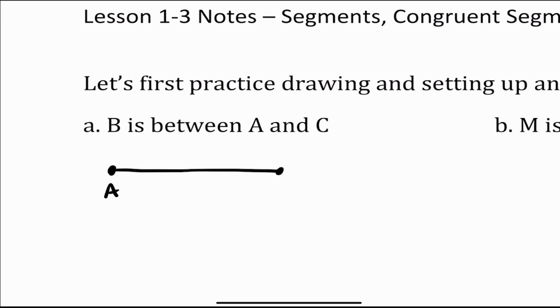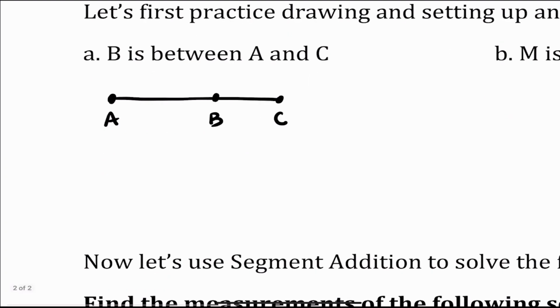So here's A, here's C, and B is between those 2 points. So I can go ahead and put that over here. Does that make sense? B is between A and C, or if I wanted to, I can say A, C, and put B over here. It does not matter. I still satisfy the problem.